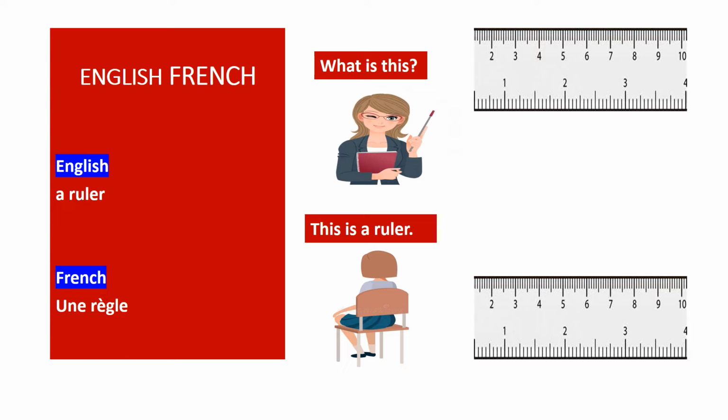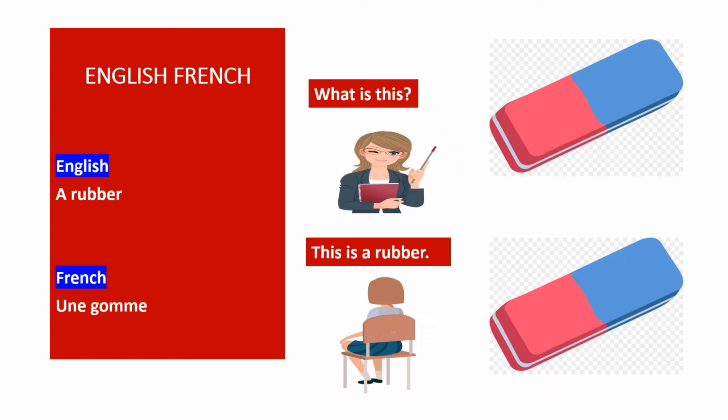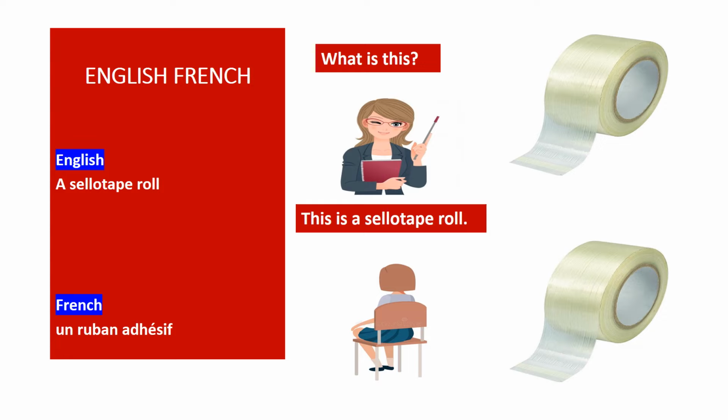This is a ruler. What is this? This is a rubber.